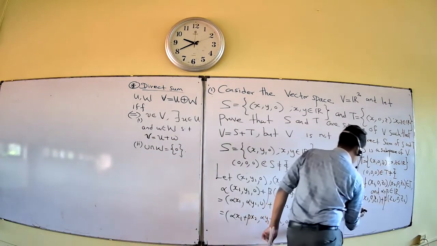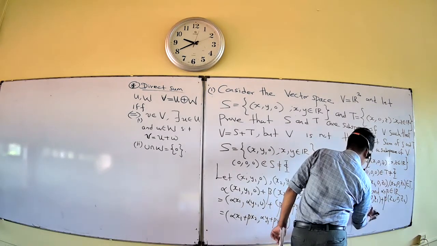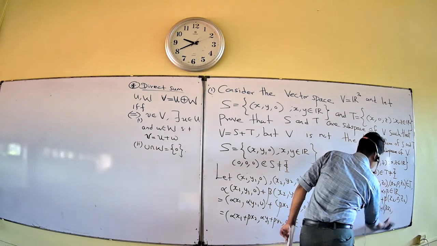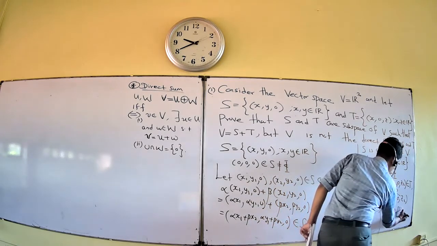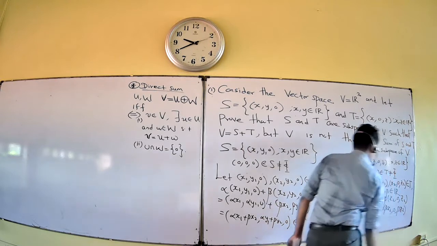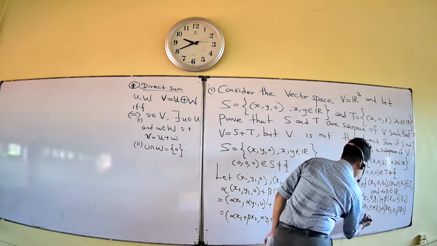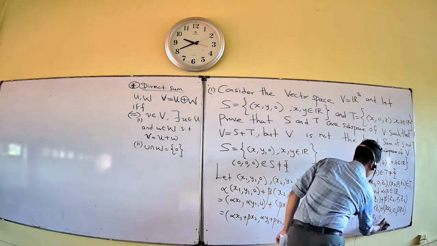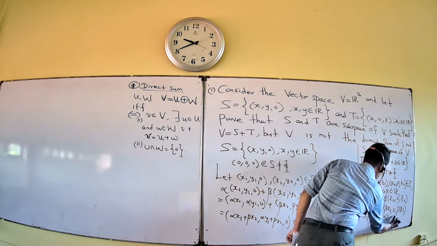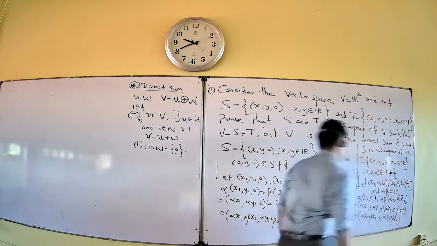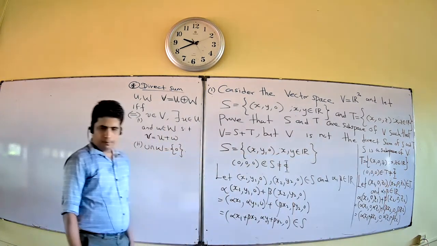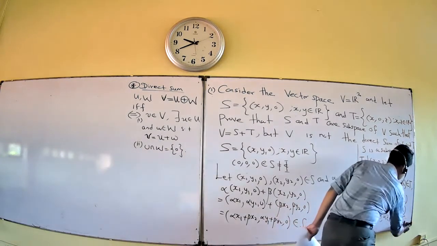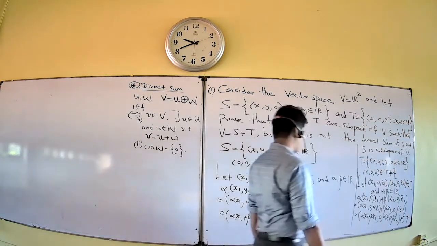Multiplying by scalars, we get (alpha x1, 0, alpha z1) and (beta x2, 0, beta z2). Adding both, we get (alpha x1 + beta x2, 0, alpha z1 + beta z2). This element is in this set, therefore it belongs to T.